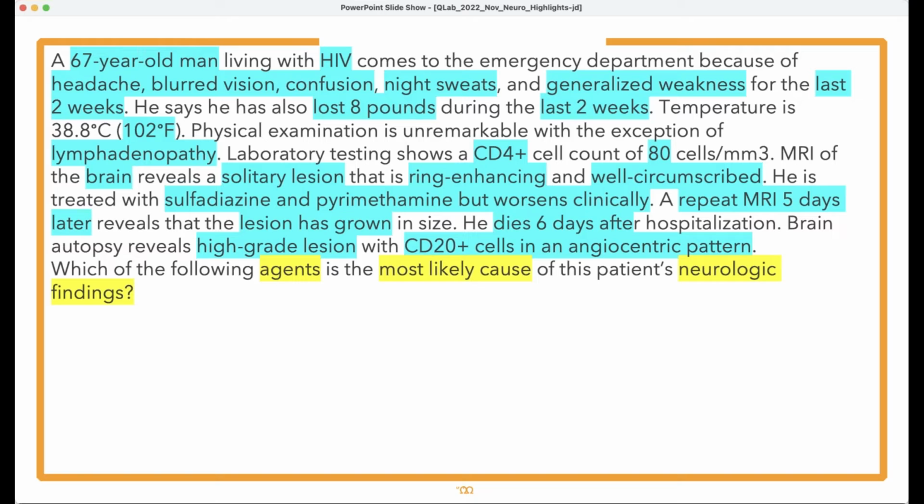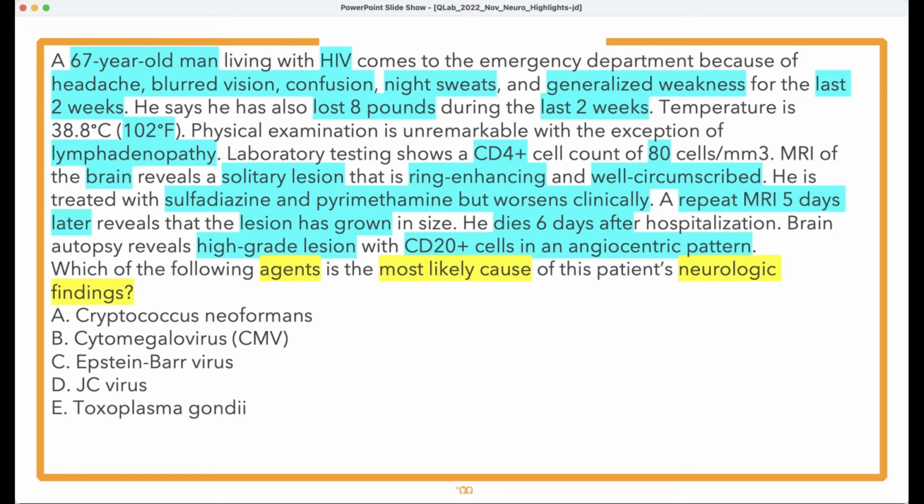And I think that first step will be a little bit intensive because there's a lot of clues there that we'll have to piece together to come up with the diagnosis. But then once we do that, then we'll just have to figure out what the causative agent for that is. So a two-step question here. So let's go ahead and take a look at those answer choices.